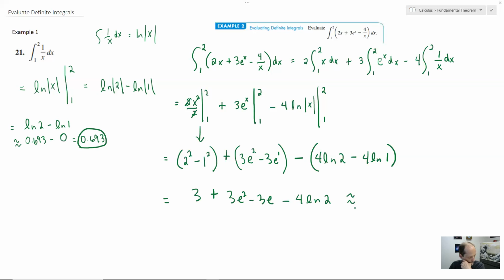And if we put that into the calculator, we're going to get roughly 14.24. Okay, so a little bit of white space needed for something like that.